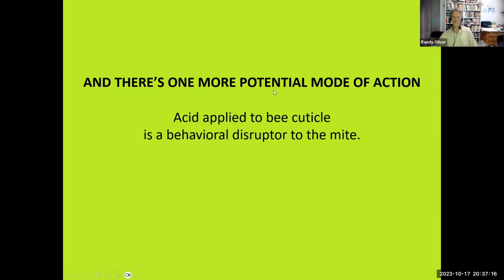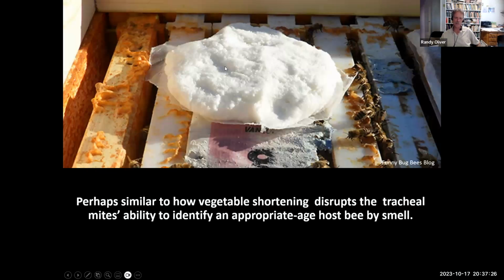And then one that I have been investigating is whether the acid applied to bee cuticle is a behavioral disruptor to the mite. So back with tracheal mite, by pure serendipitous accident, the USDA lab at Tucson found out that simply putting Crisco into a beehive created an odor that prevented the young questing mites from identifying a newly emerged host worker at the appropriate age to invade their trachea through the spiracle.